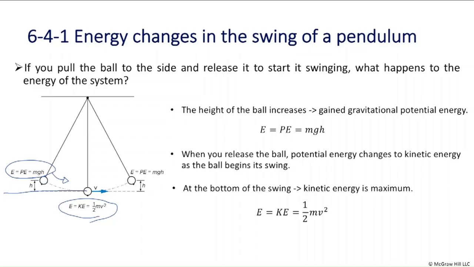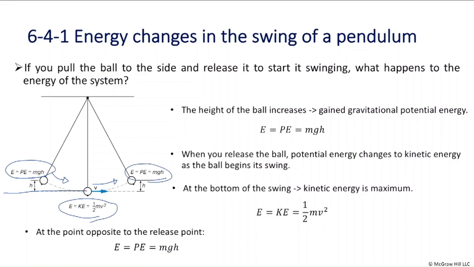Now the ball does not stop at this point, right? It continues its motion and swings to the opposite side. Now what is the total mechanical energy of the system? As it rises, kinetic energy is converted back to potential energy. That means the ball is gaining potential energy again as the height is increasing while losing kinetic energy.